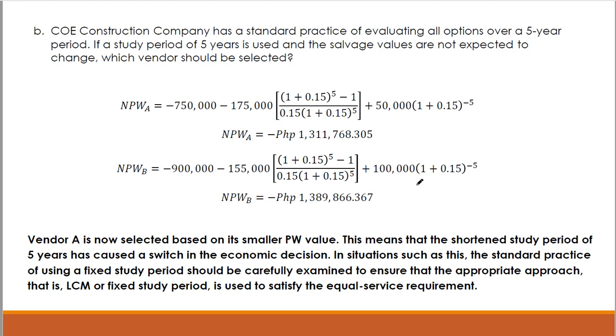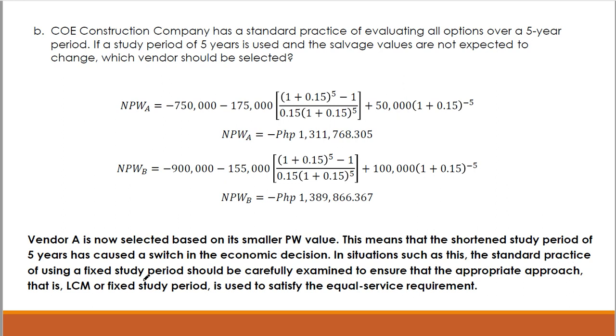Okay? So, with that, i-transfer natin, or compute natin yung present worth niya. And then we have a net present worth of vendor B, approximately 1.39 million. So, we are going to choose the cheapest since it's a service project.